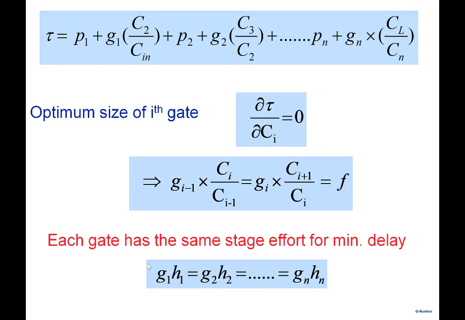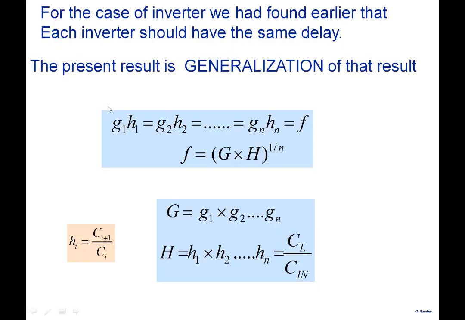That for minimum delay, you should size the gates in such a way that the total effort that you see here, G1 into H1, is the same for all the gates. So that's one of the key results here. And how do I find these? Well, we can call it F, let's say, that constant F. And F is basically, if I multiply them all together, F is G into H to the power 1 by N. And G is G1 into G2 into all that, for each of the gates.